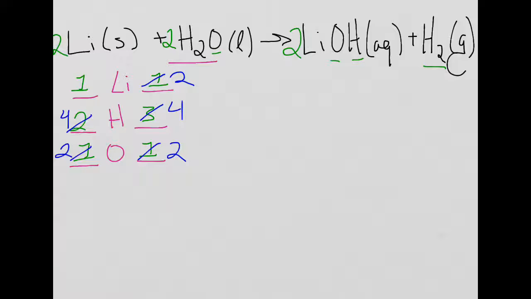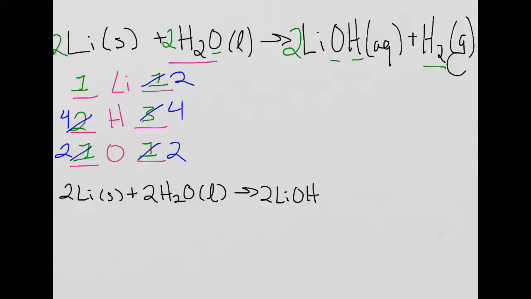And so now at the end, if I rewrite my equation, I have 2 Li, and that's solid, plus 2 H2O, and that's a liquid, produces 2 LiOH, and that's aqueous, plus H2.